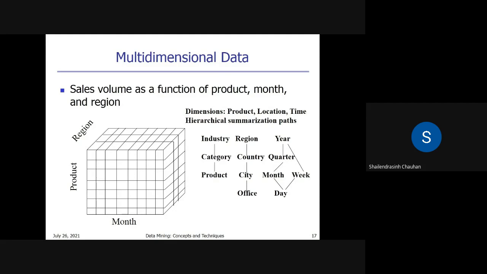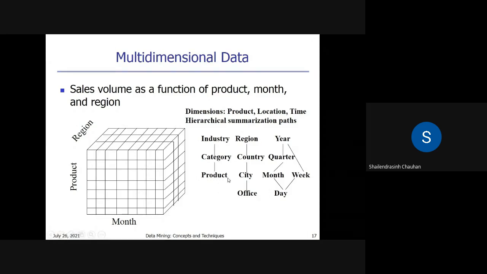So here, the thing that you are seeing, this hierarchy is for product. Let us say products are there. Whenever you visit any online shopping website like Amazon, Flipkart, or any other, you have different products.